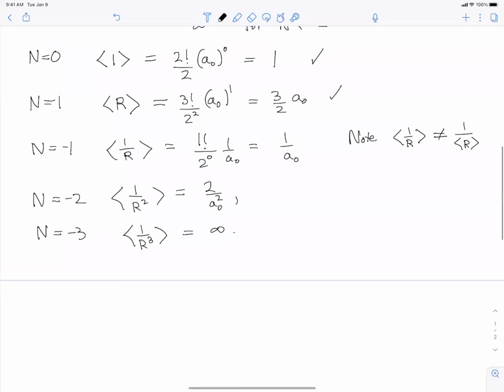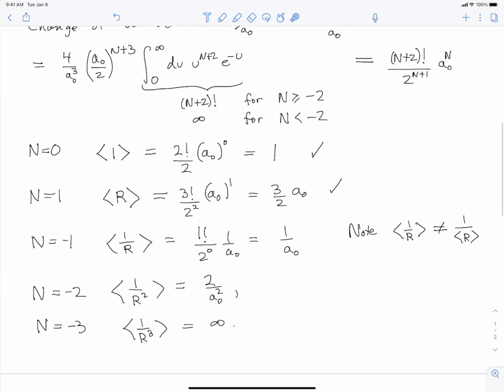It blows up. That's just because this integral that we did here is blowing up when n is less than minus 2. Okay, and so for the same reason, the expectation value of 1 over r to the 4th, the expectation value of 1 over r to the 5th power, etc., those are just all equal to infinity. They just blow up.